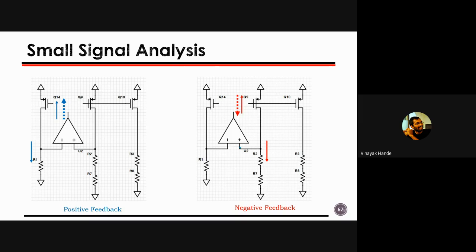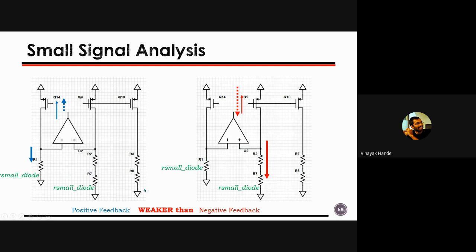And surprisingly, this is a nice example. Here in the bandgap, it is fed to the non-inverting terminal, but still it gives the negative feedback, right? From this, we can say that I now have two feedbacks. One is a negative feedback and the second one is a positive feedback. Then how do we study those? I have replaced all of this with the equivalent resistance.